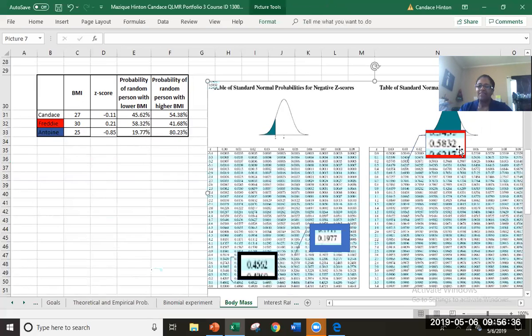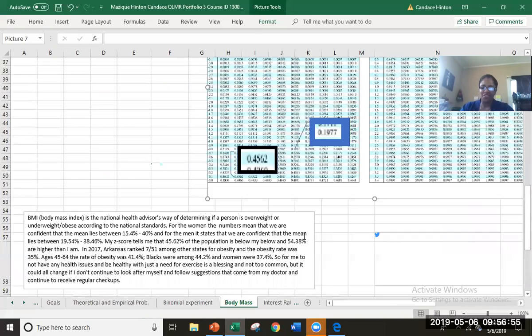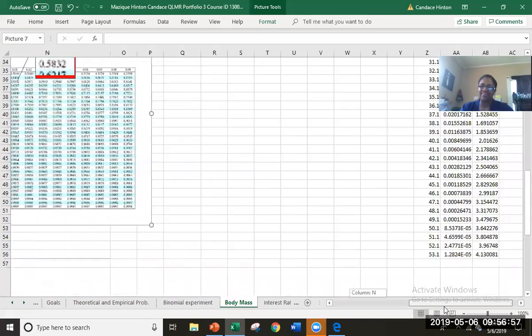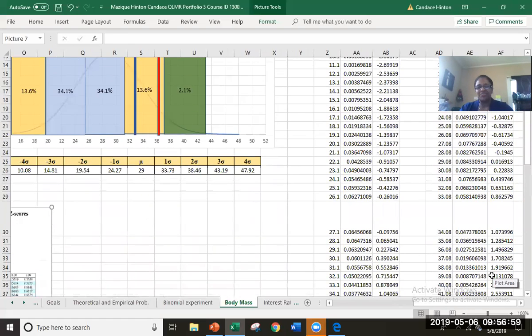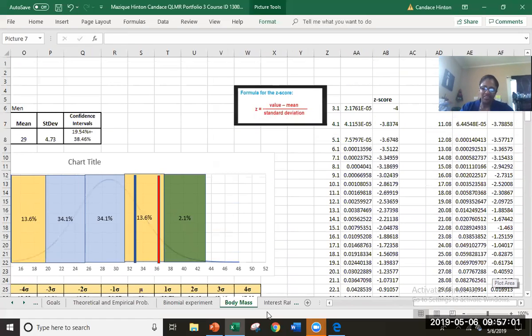So I found his Z-score here, and his was 0.5832. So there are 58.32% that have a lower Z-score than he has, and 41.68% have a higher Z-score than he has. I thought that was just hilarious.